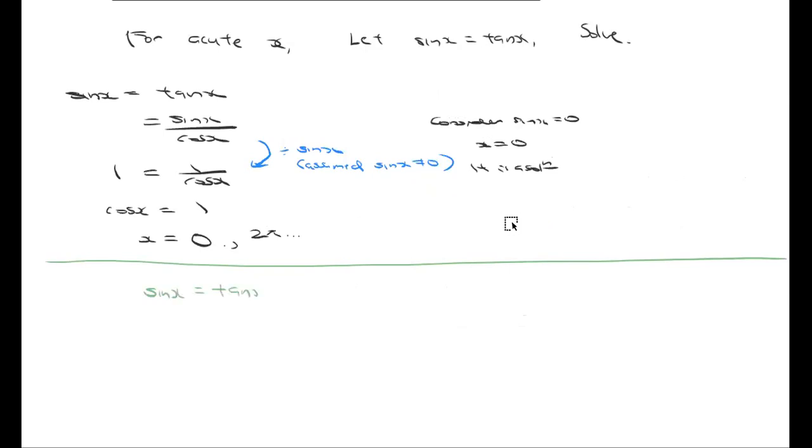And yes, I would make that equal sin x over cos x. Now, what I won't do is divide by sin x. What I'll do is multiply by cosine x. And then I'll move everything to one side. And then factorize.